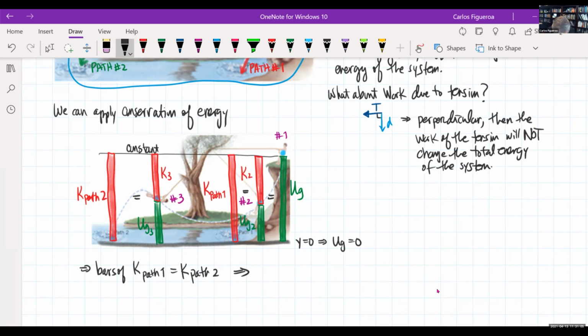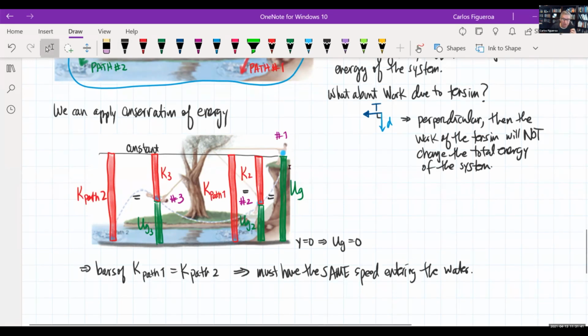That tells us that they must have the same speed entering the water. And that argument is really, really powerful, right? It's a picture that's answering this question. And that's what I love about conservation of energy or conservation laws in general.